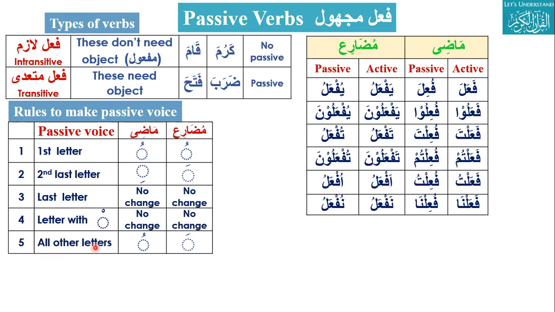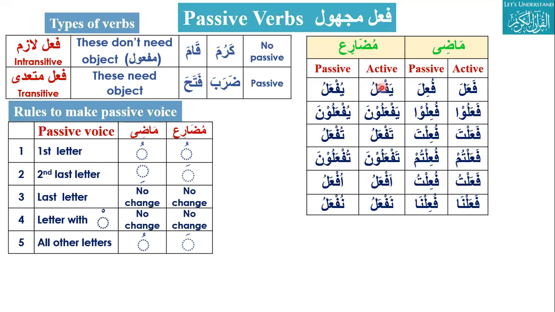The other rules are that if there are other letters, then in mazi all other letters would get dhamma, and in mudare all other letters would get fatha. So like fa'ala becomes fu'ila, fa'alu, fu'ilu, u-i sound, fa'alta, fu'ilta, fa'altum, fu'iltum, fa'altu, fu'iltu, fa'alna, fu'ilna, u-i sound.